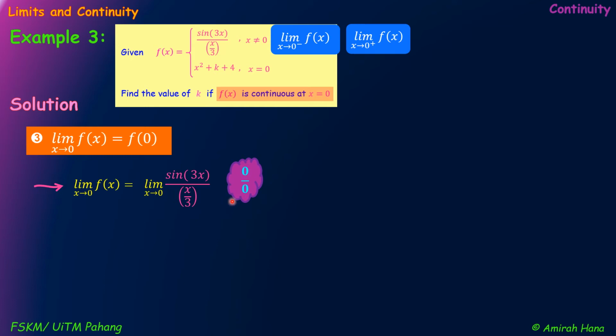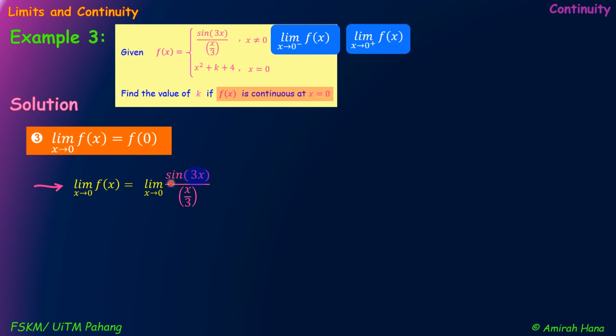Remember, if we get 0 over 0 and the function is given in trigonometric form, what should we do? In this case, we need to use the sine theorem, and we need to refer to the given angle. Here we have 3x, which is the argument, or the angle, of sine.